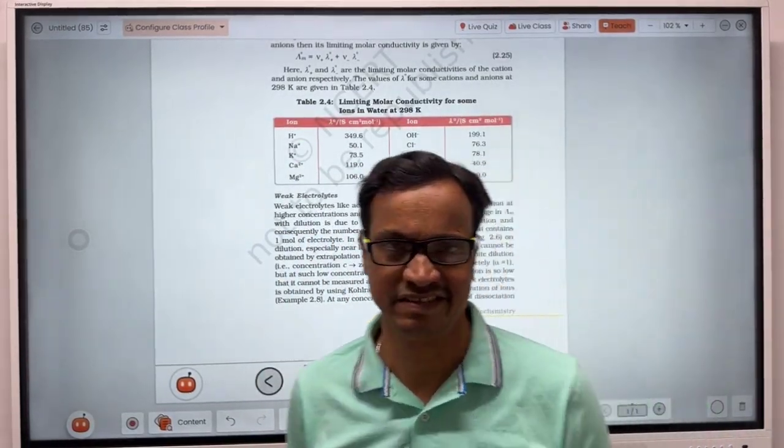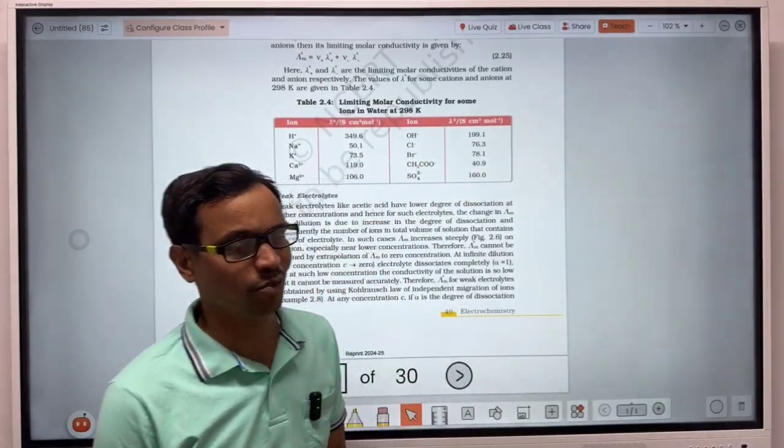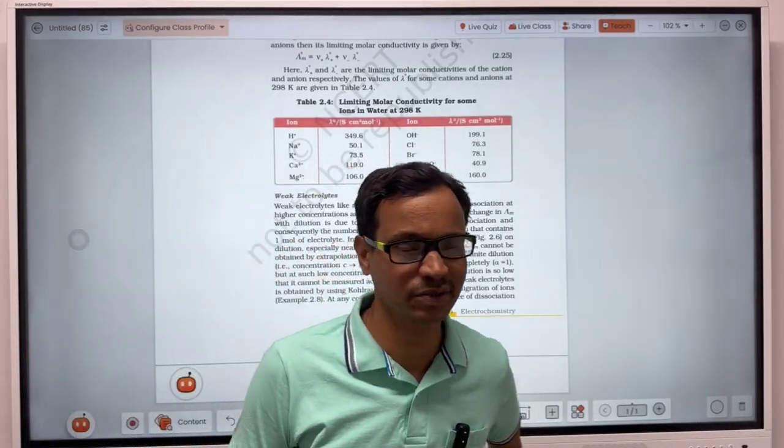Very easily you will get the limiting molar conductivity of CaCl2.